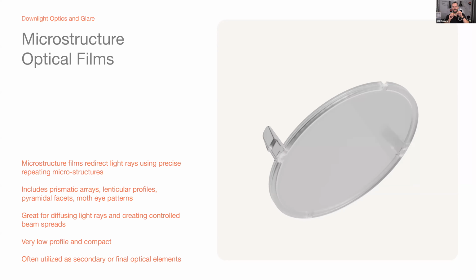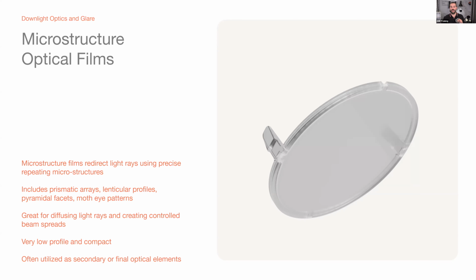So there are all these arrays of tiny little profiles that help to concentrate and shape light in very directed ways. They're really great at diffusing light rays and creating a well-controlled beam spread. They do this by scattering the light in directed manners. And because the light coming through that lens is coming at it in different angles, it can then spread it out into appropriate beam spreads.